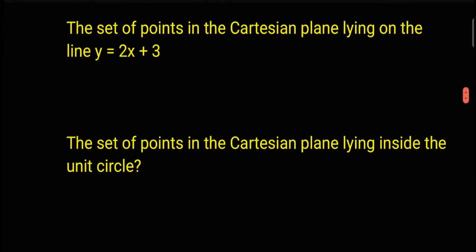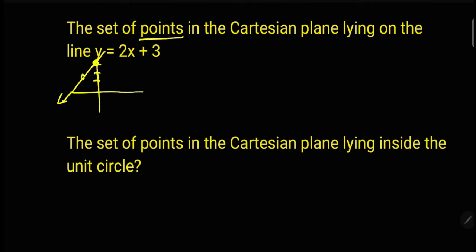The set of points in the Cartesian plane lying on the line y equals 2x plus 3. If we imagine, there is a line in the Cartesian plane with formula y equals 2x plus 3. So when x is 0, y is 3. And when x is 1, y is 5. So this line here. What we want are the points lying on this line.